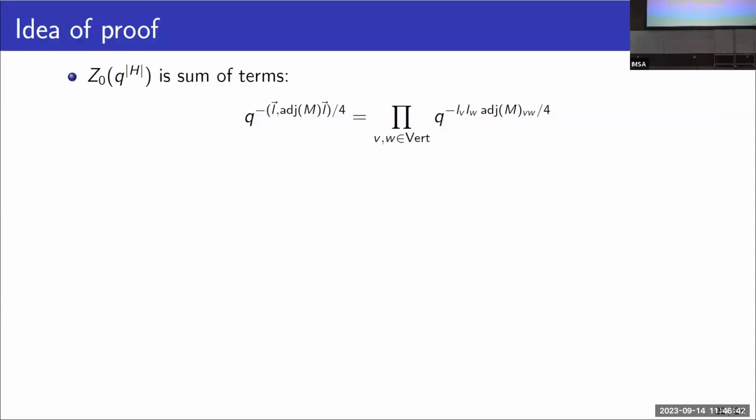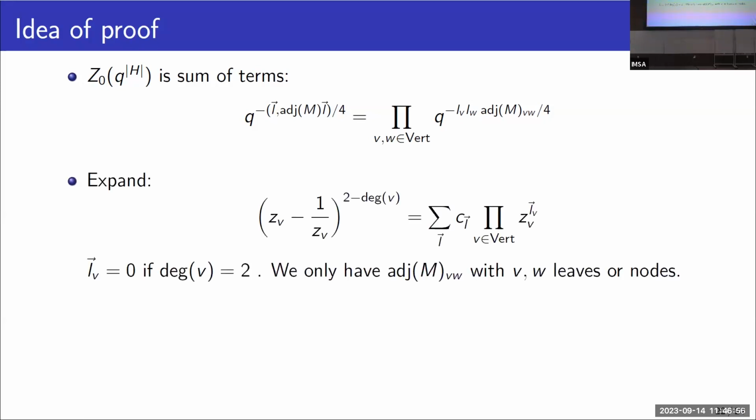And maybe I can quickly say something about the proof. So the Z0 is just a sum over the whole lattice of these quadratic terms. We have this rational function, we expand it, and then we look at these quadratic terms.